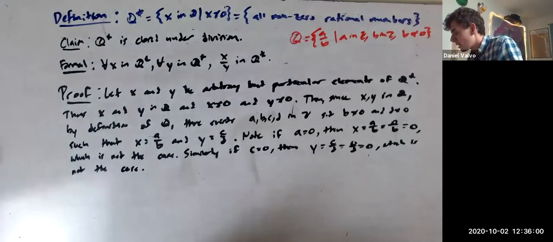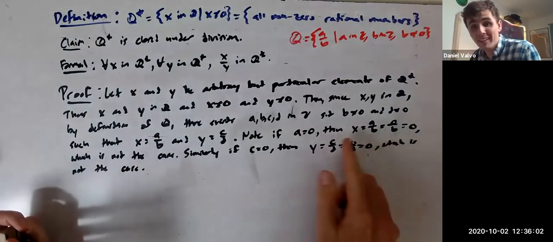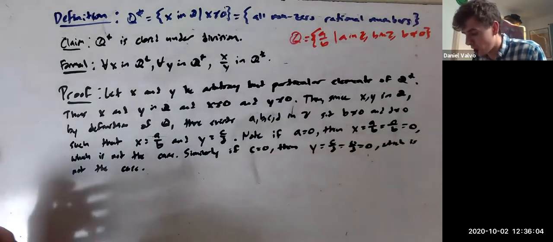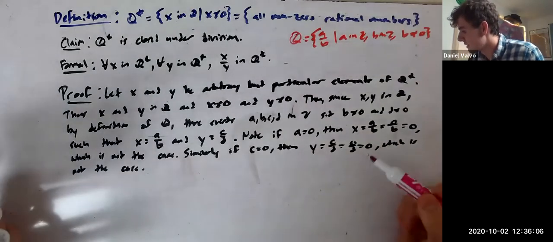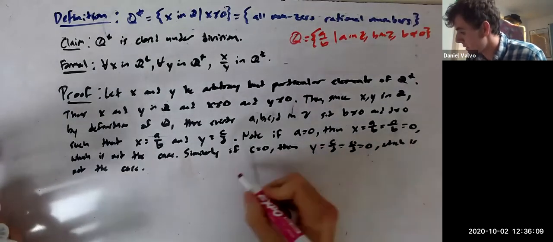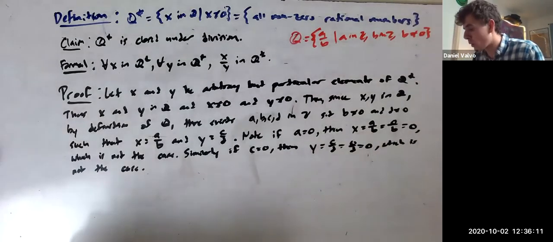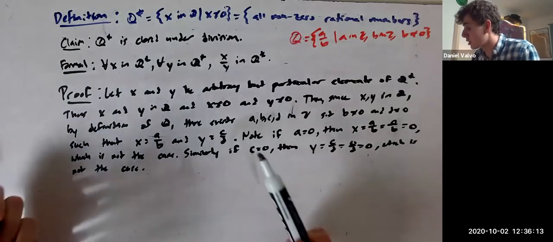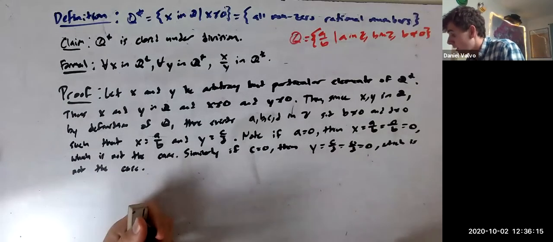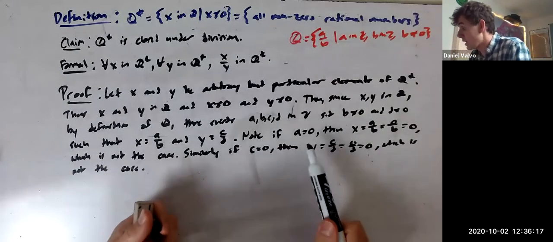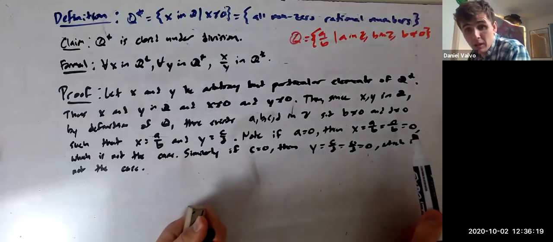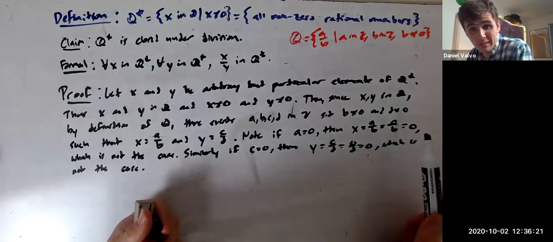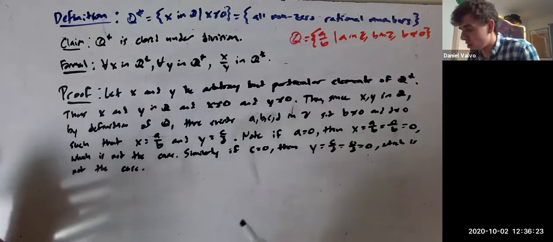What's going on under the scenes here is modus tollens. So what I want to conclude is that if A equals 0, that would mean X equals 0, and we know X isn't equal 0, so A couldn't have been 0 to begin with.